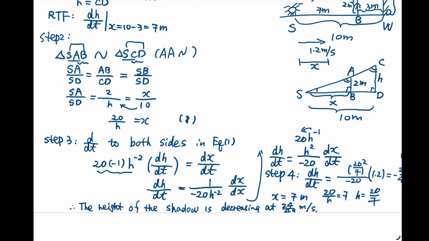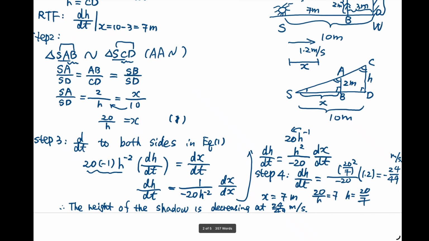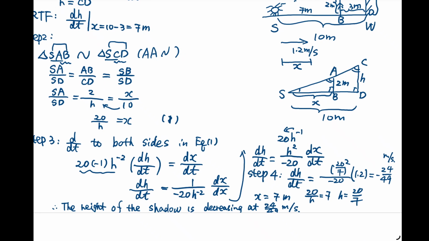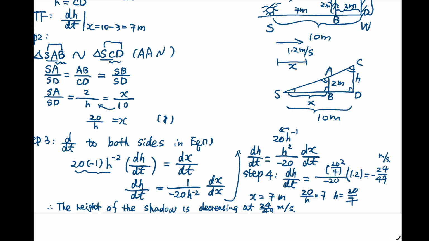And after that, do the derivative to both sides with respect to time. Then remember h and x both are functions of time, so you need to do the chain rule. Then subbing in given information, if x is given and h is not given, use the formula that you got in step 2 to find h. Then sub in the h, x and dx dt to find dh dt.